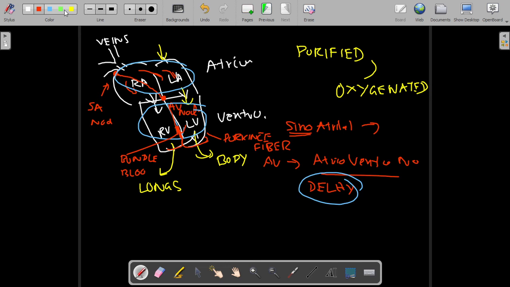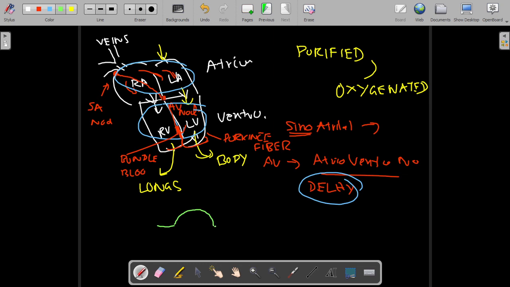We can represent this same thing as a signal. The point at which it originates at your SA node, I'll put it like this. Again from this point it travels from SA node to AV node, which causes your atrial muscles to contract. That impulse put together, I can draw as a wave like this.